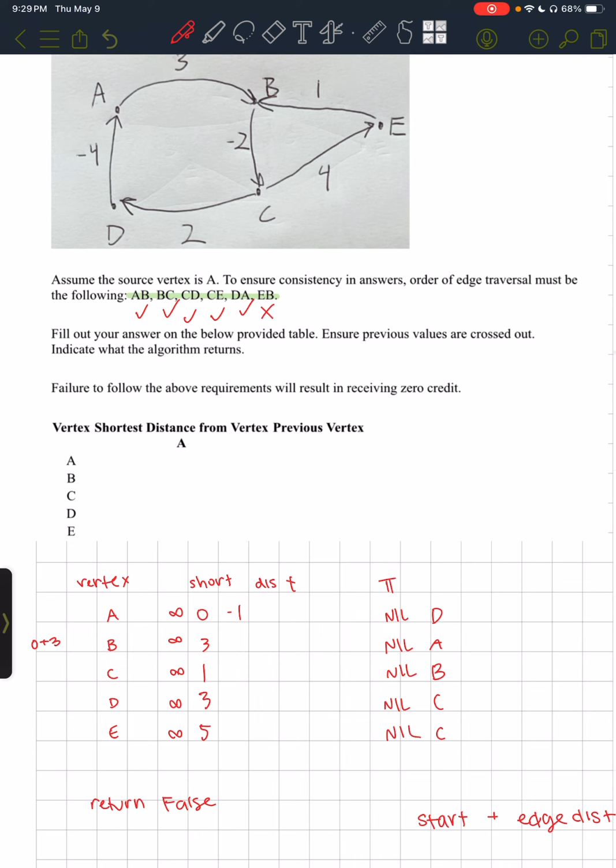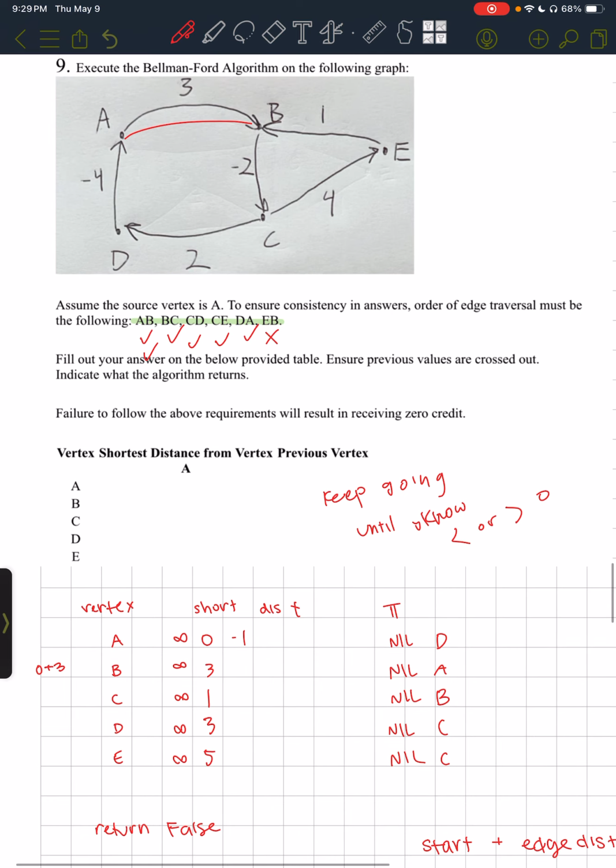And you'll keep going until it's less than 0 or greater than 0. So the next thing is A to B again. A to B is 3, so A is -1 plus 3, which is 2.